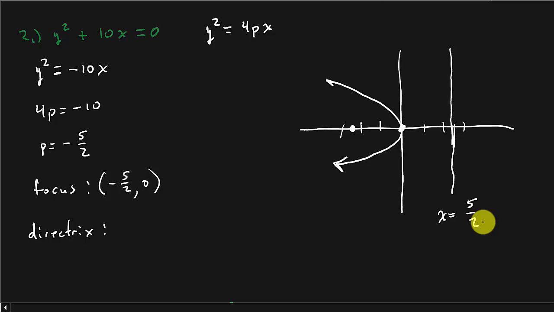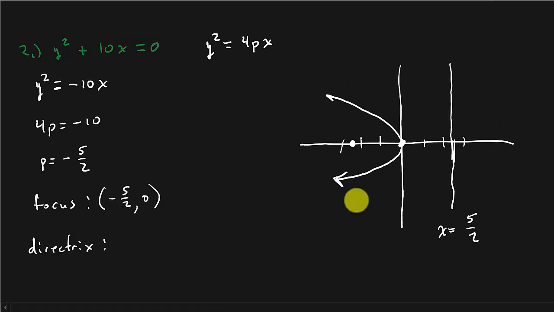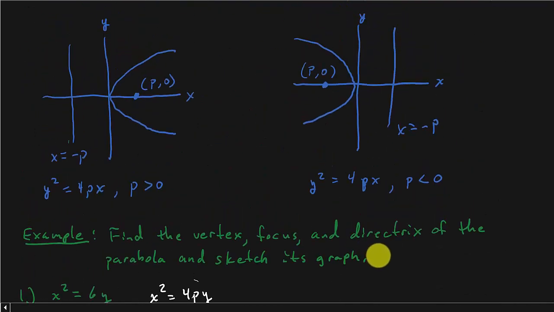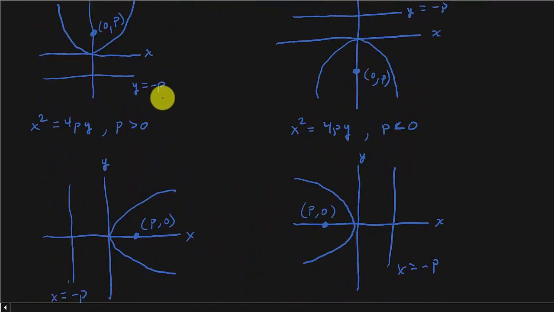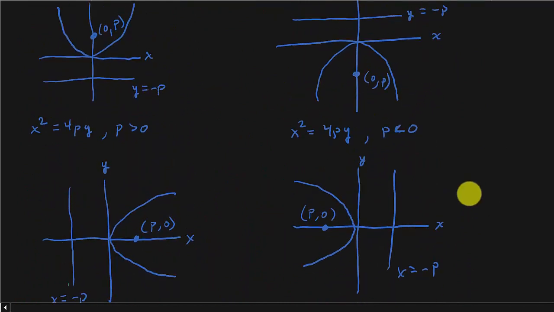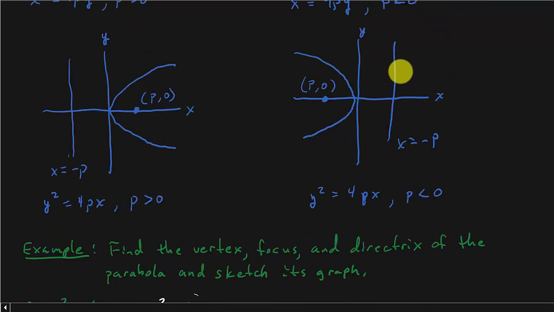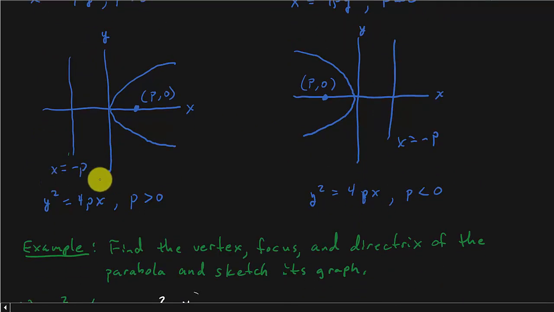Now, remember what I said, that the directrix is either y equals negative p, or x equals negative p.